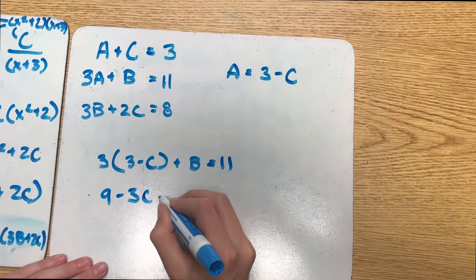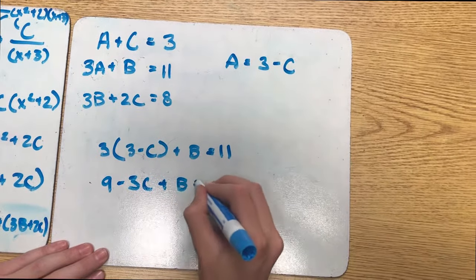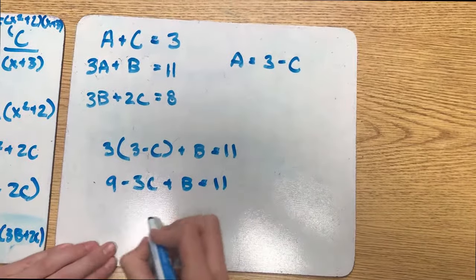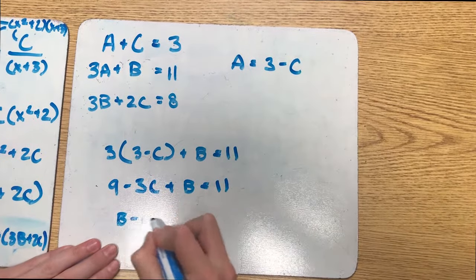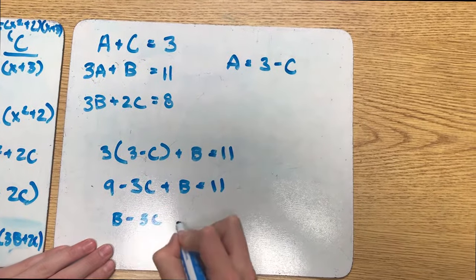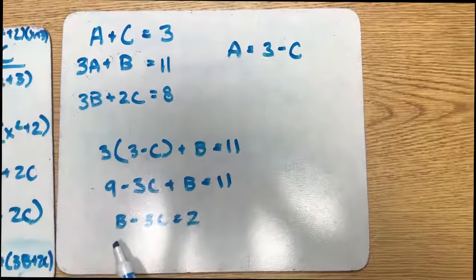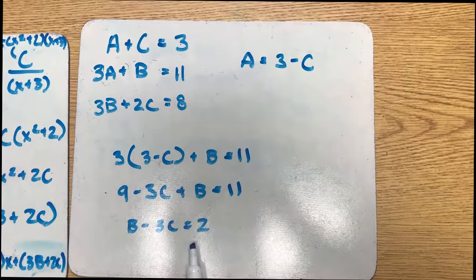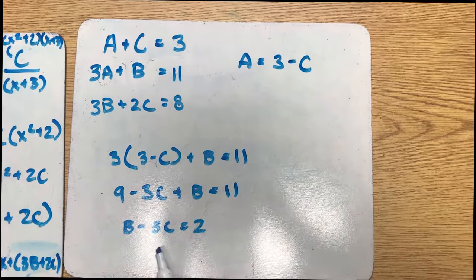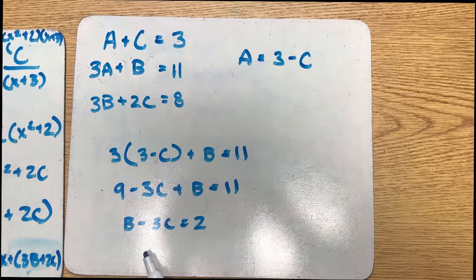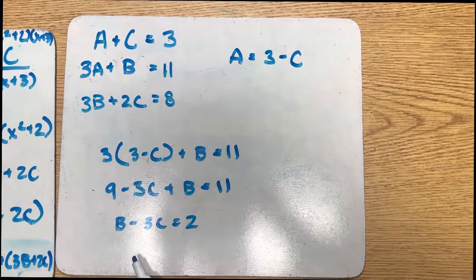After that, we are going to distribute the 3 in for 3 minus c, leaving 9 minus 3c plus b equal to 11. Finally, we are going to move the 9 to the other side and make the equation neater, equaling it to b minus 3c equal to 2.